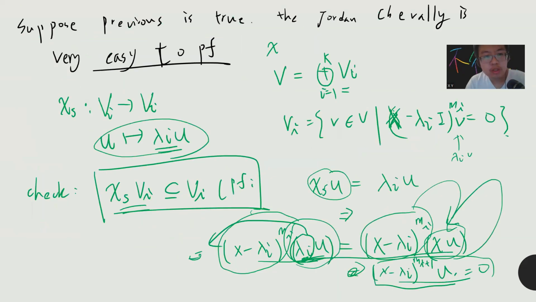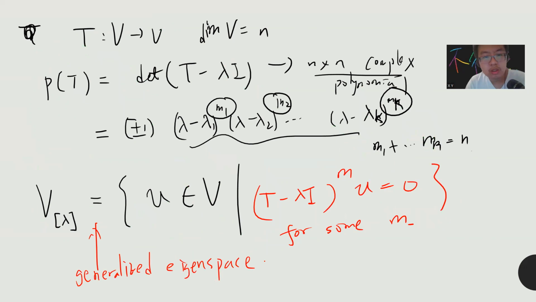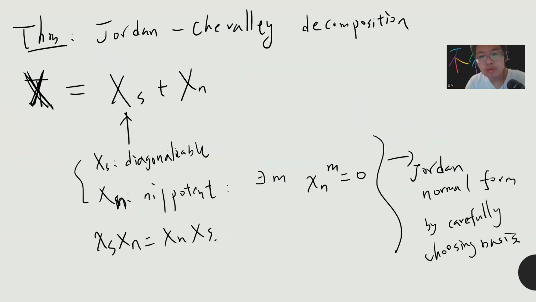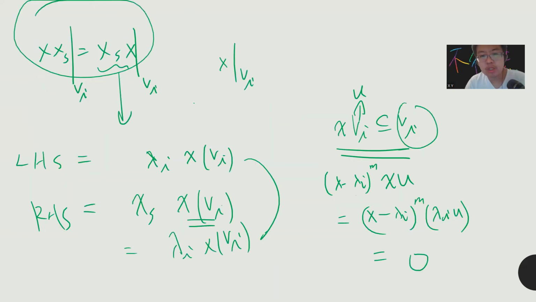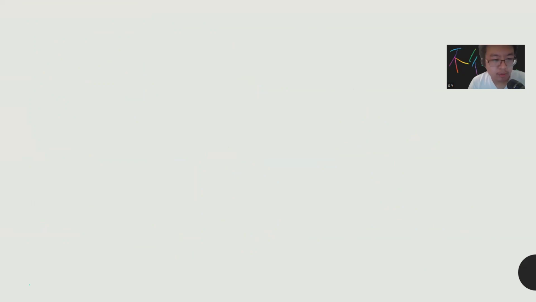I forgot to say about the final thing: this decomposition, the Jordan-Chevalley decomposition, is actually unique. Up to now we proved its existence, so finally we need to prove it's unique.